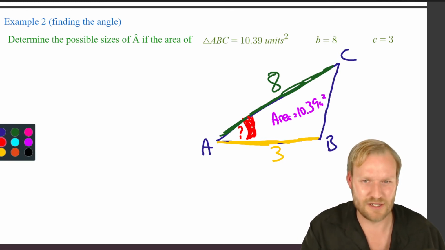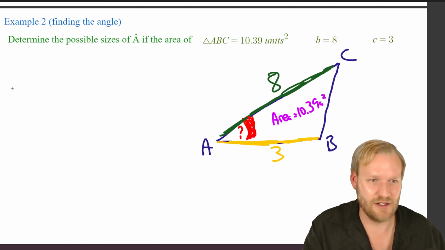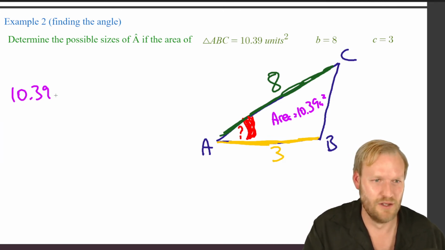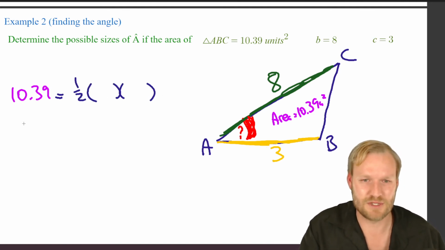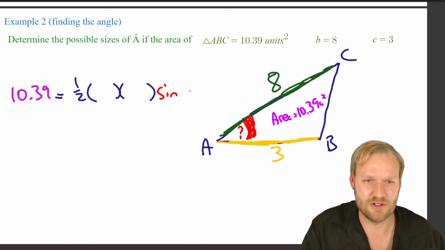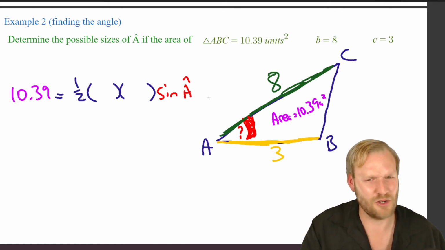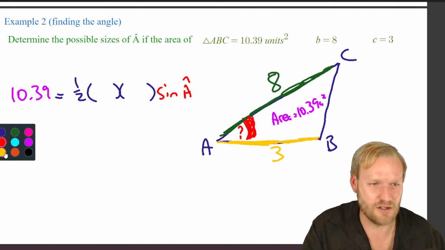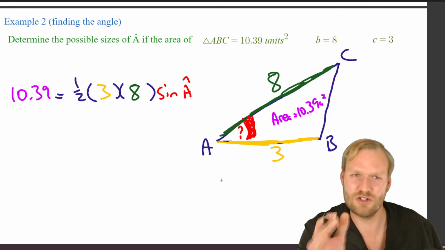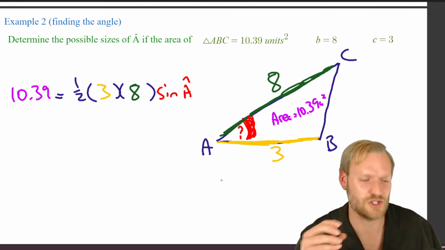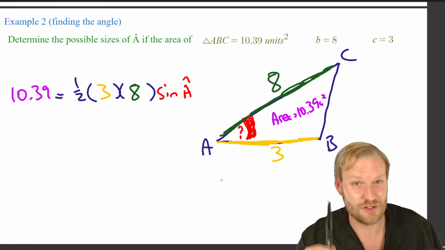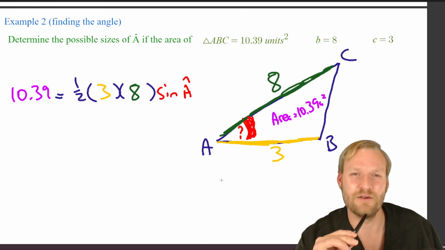And what our formula says is that the area is equal to a half, those two things times together, times sine of the angle in between. So sine of A, we don't know what A is, but we know what these two things here are. Again, order doesn't matter. But there, we've just used our formula and we've subbed in the bits that we know. So now the question is, and go for it, what's the value of A?